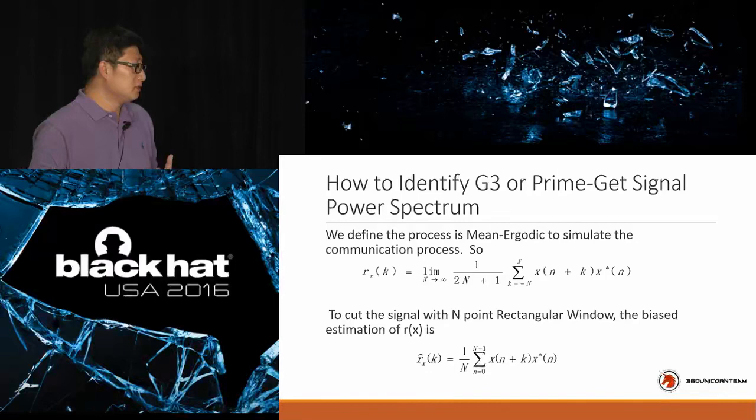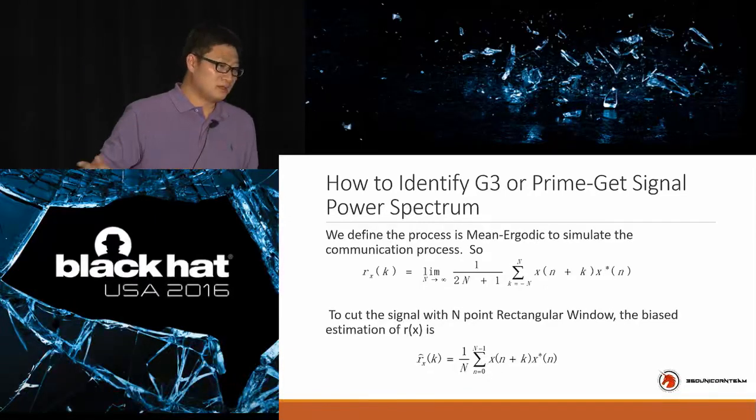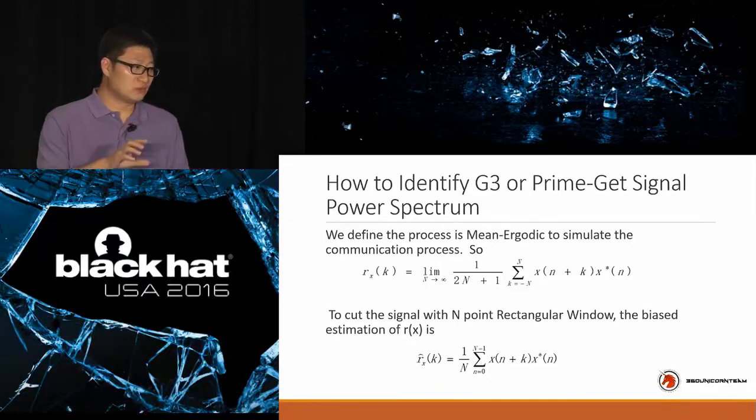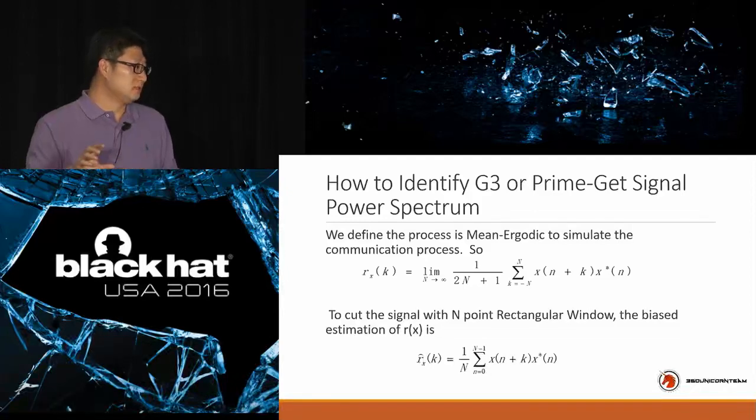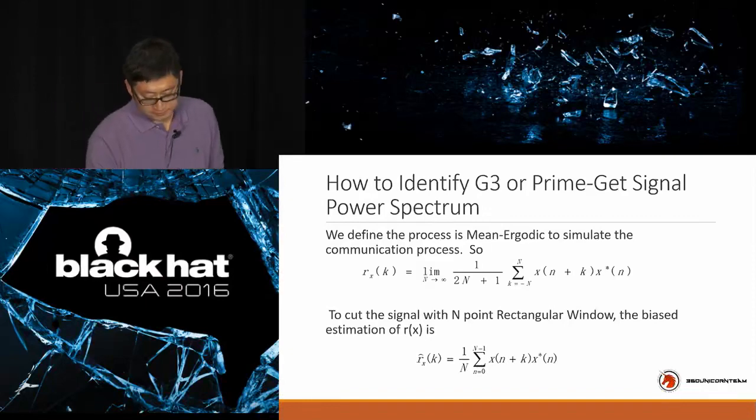But for memory size and processor complexity reasons, we cannot use a longer record. So our goal is to use as short a data record as possible to extract the spectrum characteristics, and the characteristics must meet our application, must meet the resolution, and meet the accuracy.